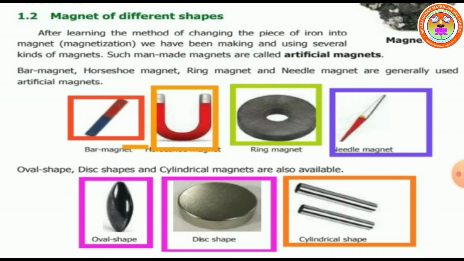So, we have two types of magnets: natural magnets and artificial magnets. What are the artificial magnets and their shapes? Bar magnet, horseshoe magnet, ring magnet and needle magnet are generally used artificial magnets. Oval shape, disc shape and cylindrical magnets are also available.